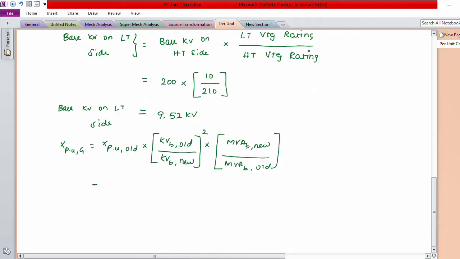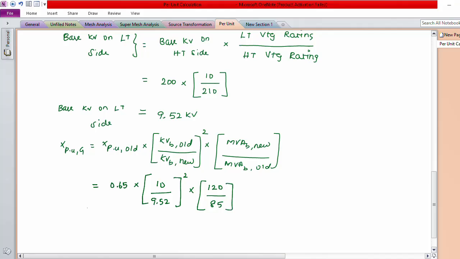So from the given problem, the per unit reactance value of the generator is 0.65 per unit into kVb old. The voltage rating given for the generator is 10, and the new value which we have determined is 9.52, the whole square, into MVAb new, which is 120, divided by MVAb old, which is 85.